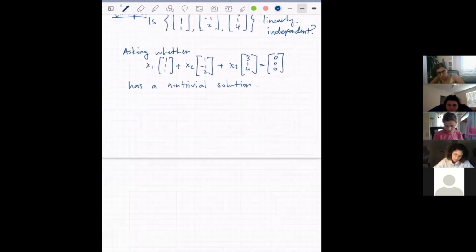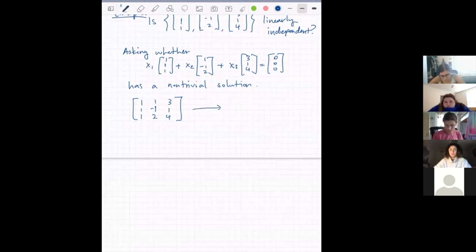right? So we just solve the system, right? So we can form a matrix out of the vectors. This is a homogeneous system, so we don't need to write down the augmented part of this matrix, right? Because we'll just have all zeros on that side. So we can just take this and row reduce, right?